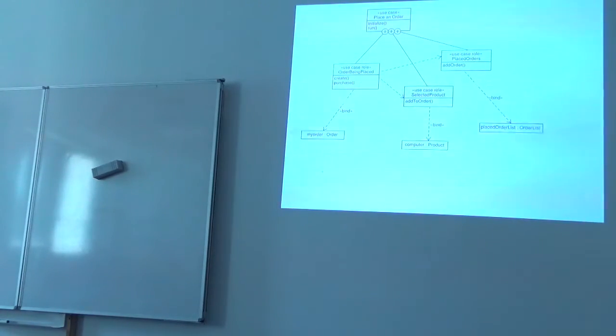There is a selected product involved. There are placed orders, and you can implement everything within this world that is related to this one use case, so that the code is put together as much as possible and independent of the remaining parts of your system.